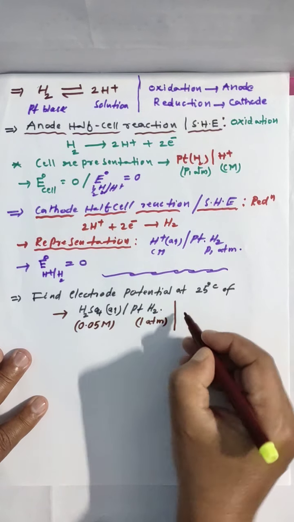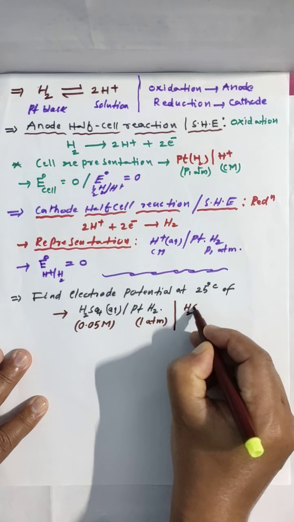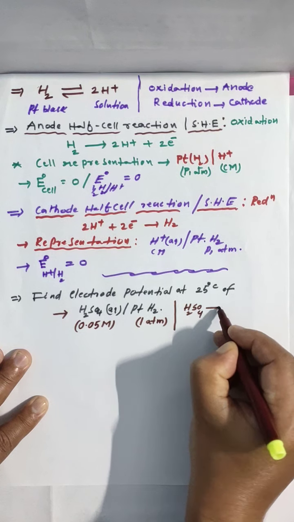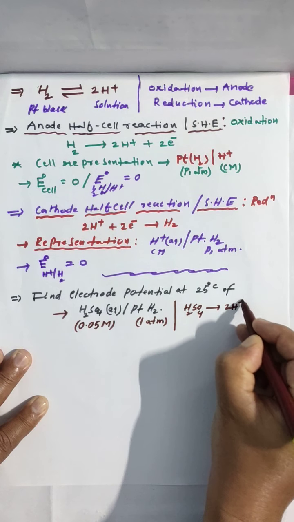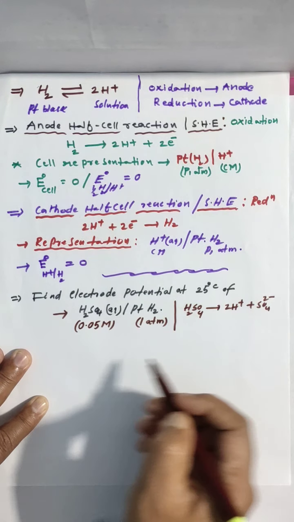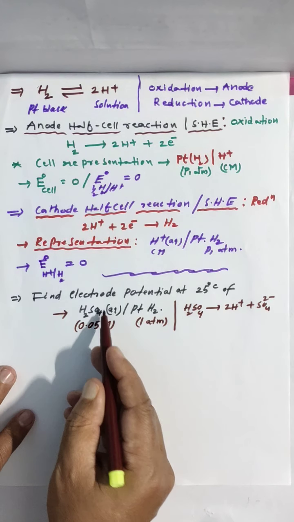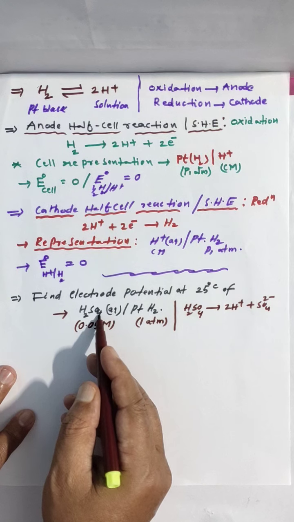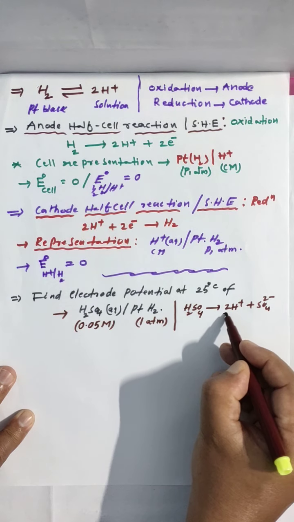The electrolytic solution H2SO4 is a strong electrolyte which can give 2 H plus ions and SO4 2 minus. So whenever concentration is given, we have to calculate how many H plus ions are present.